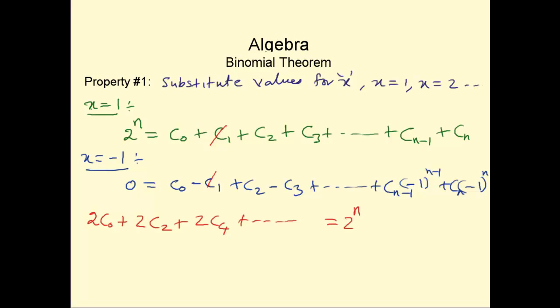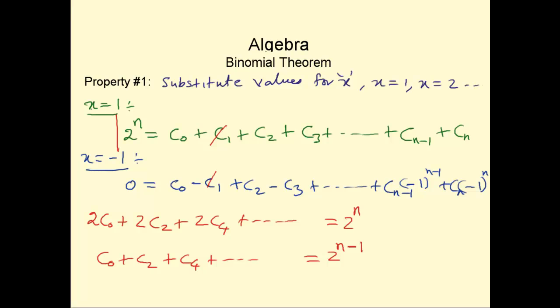So now if you divide both sides by 2, you get C0 plus C2 plus C4 plus so on is 2 to the n by 2, which is 2 to the n minus 1. So this is one more equation.